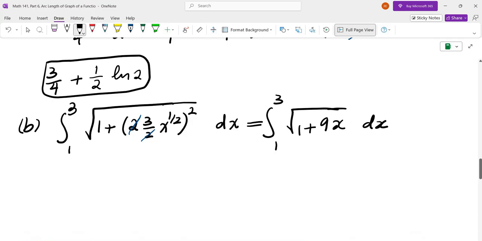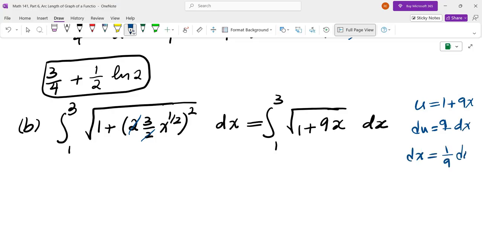So next we're going to have to do the integration. This requires u substitution. So we can do u equals 1 plus 9x. du becomes 9 dx, so dx is 1/9 du. The limits of integration become, well, if x is 1, u becomes 10.